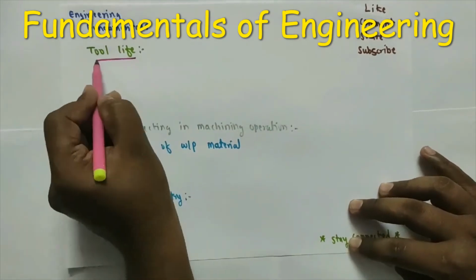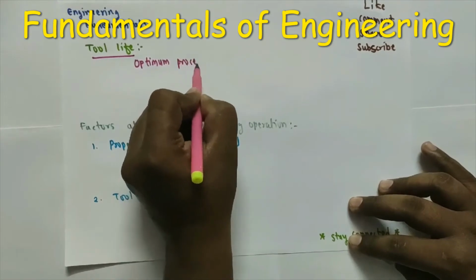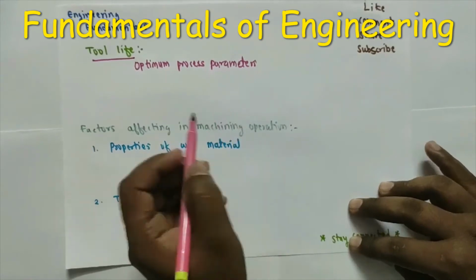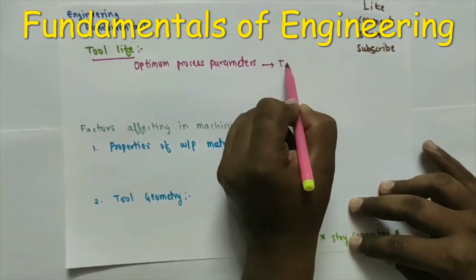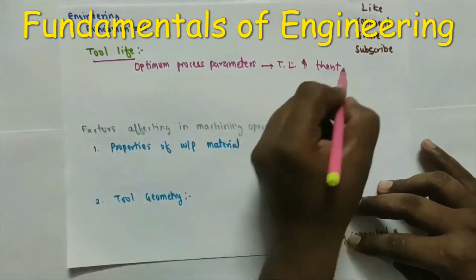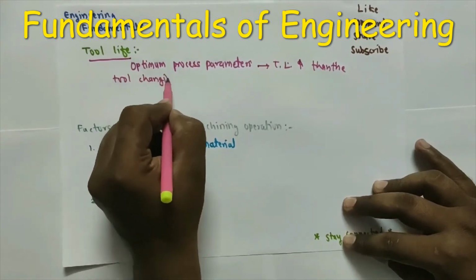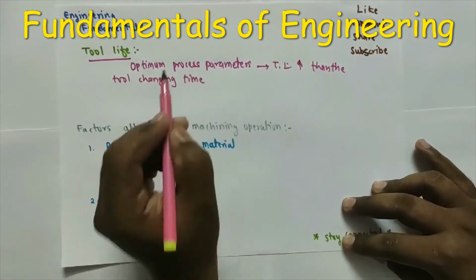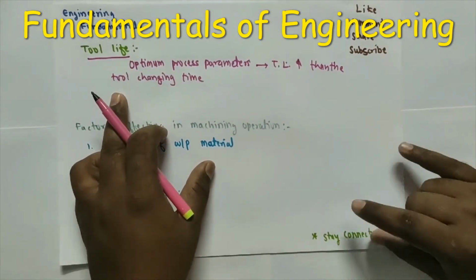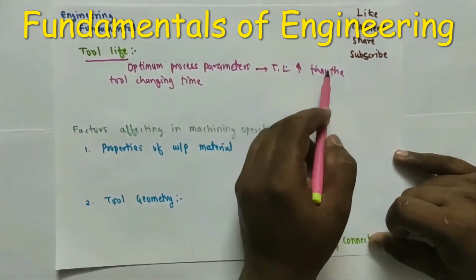If we know the tool life, we can select optimum process parameters so that the tool life is more than the tool changing time.